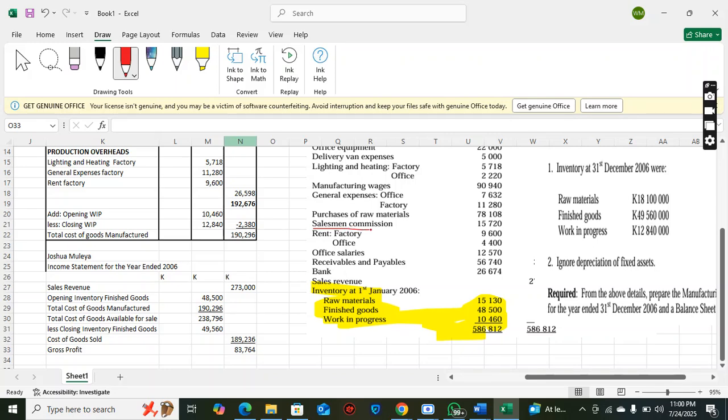This salesman commission here. After gross profit, any form of income is added. So if you hear commission received, rent received, discount received, decrease in the allowance for doubtful debts, any other form of income you add to the gross profit. So we include this salesman commission.